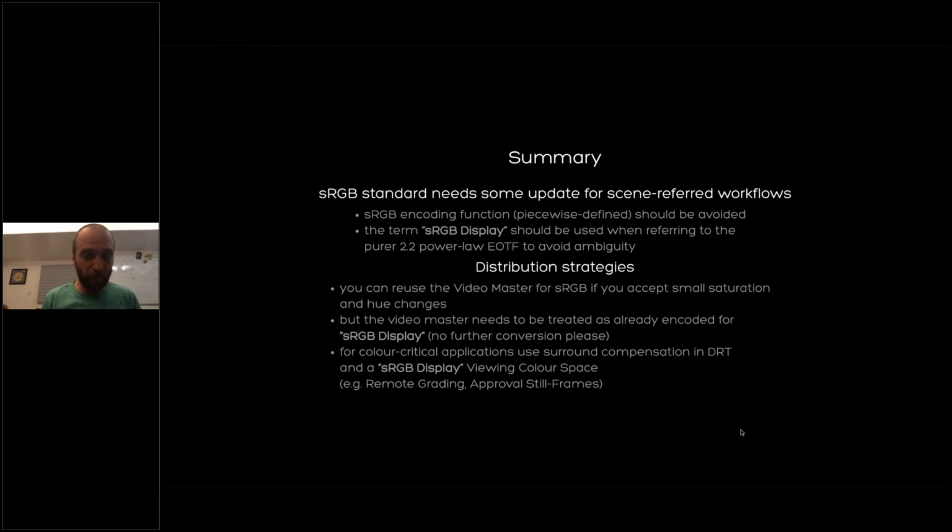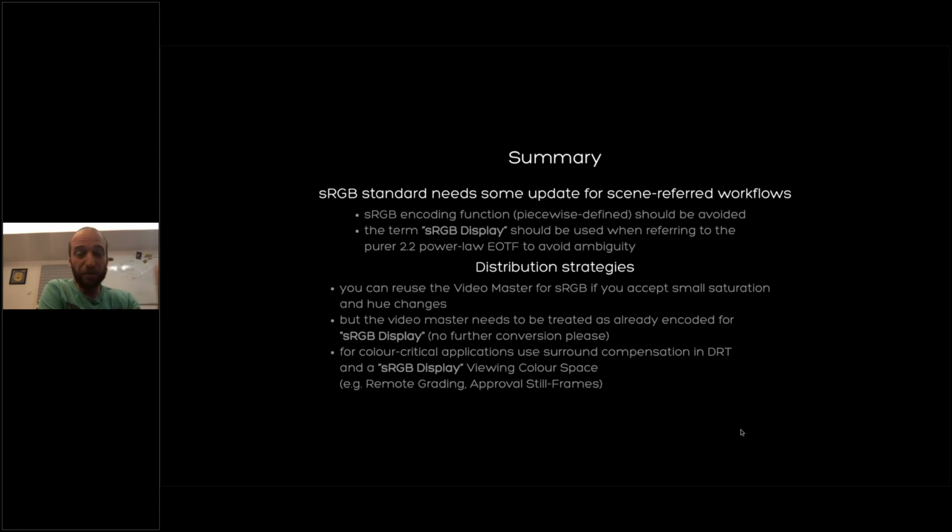So we propose the term sRGB display should be used when referring to the pure 2.2 power law EOTF to avoid ambiguity. As for distribution strategies, you can reuse the video master for sRGB if you accept a small saturation and hue change. I encourage you to do the experiment yourself, have a look at it and see if you can live with it.